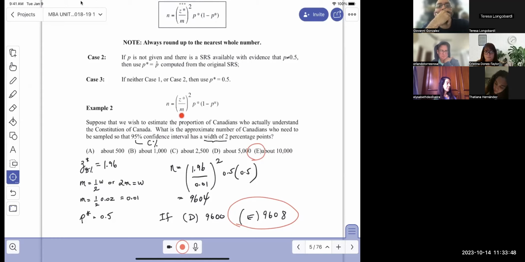Okay, let's do it backwards. The lower, the smaller the margin of error. So more precision requires a higher sample size.